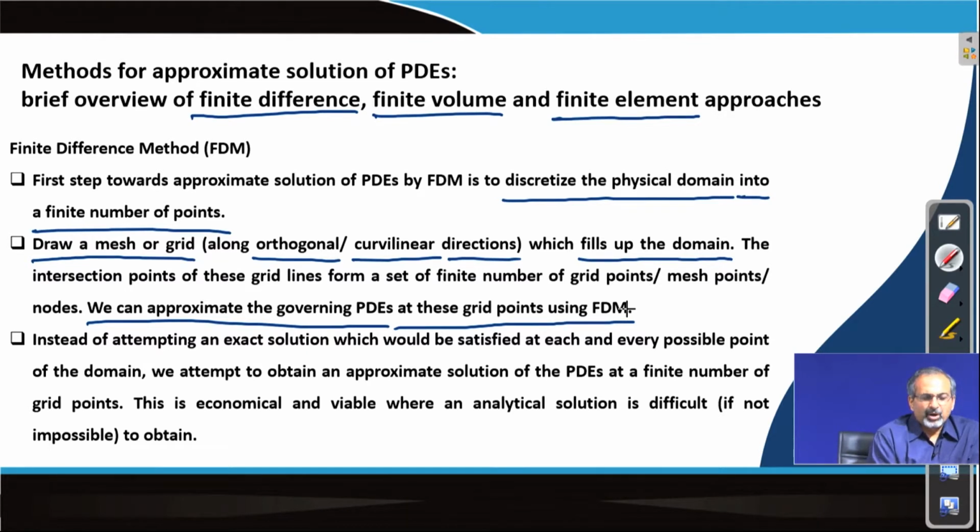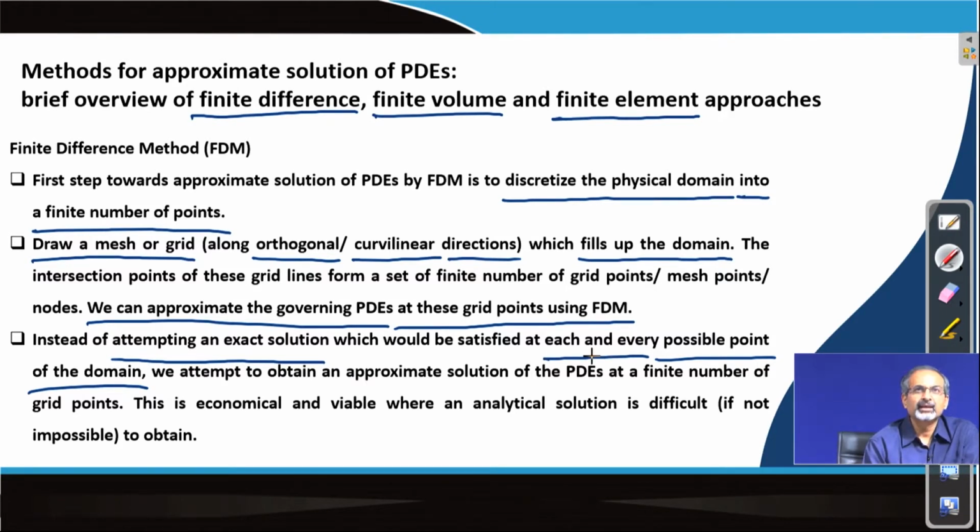The important part over here is that we are not attempting an exact solution, and we would be satisfying the governing partial differential equation or equations only at a select few points rather than at each and every possible point of the domain.